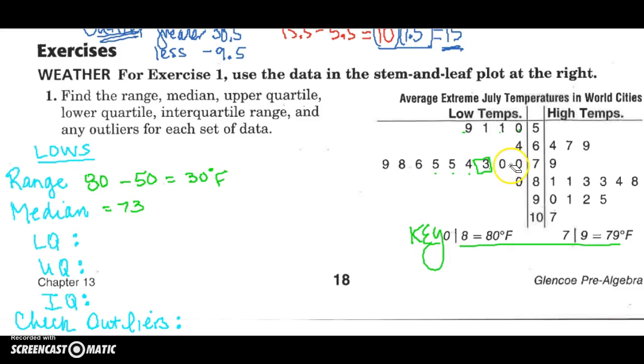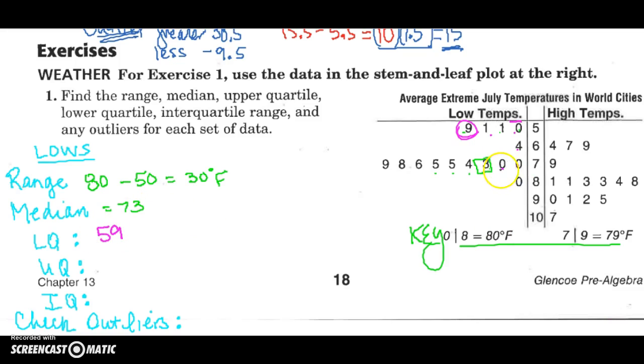All right, so I have 7 terms to the left of my median. So that means the term in the middle would be 59. That's 1, 2, 3, and then I have 1, 2, 3 above it. So 59 is my lower quartile.